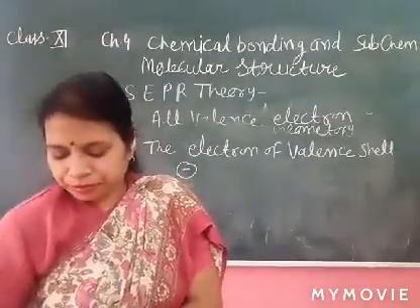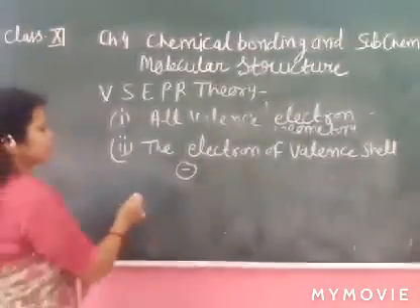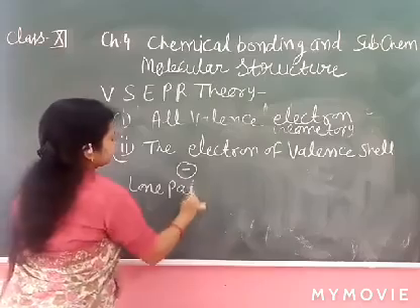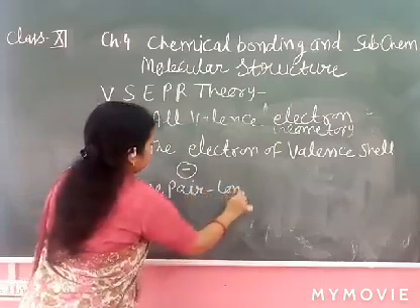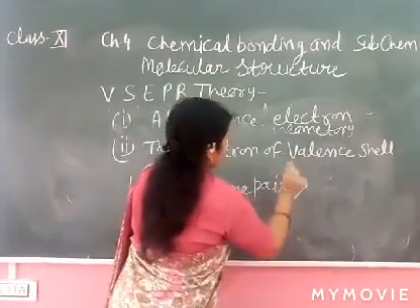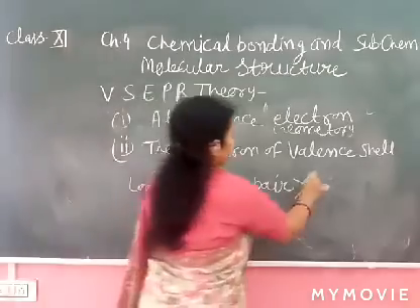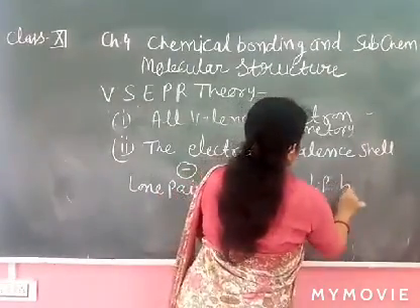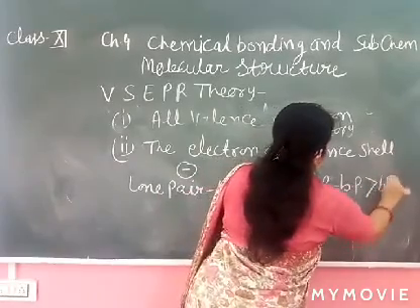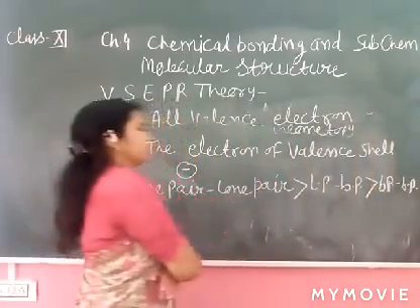How do they repel each other? The order of repulsion is: lone pair-lone pair repulsion is greater than lone pair-bond pair repulsion, which is greater than bond pair-bond pair repulsion.